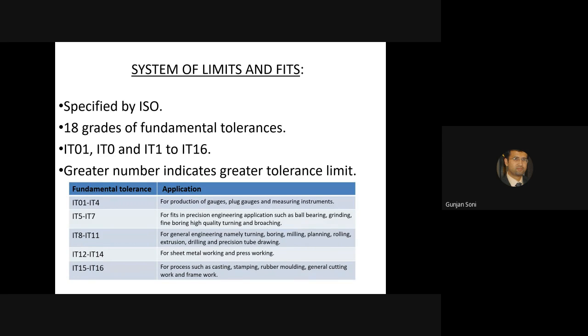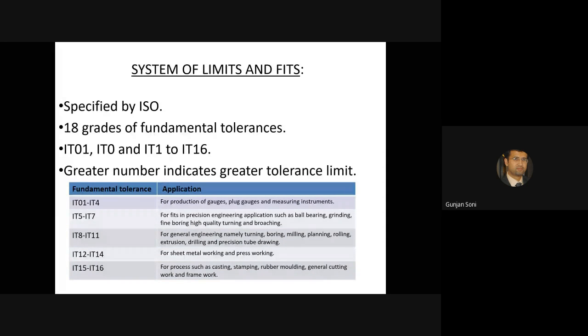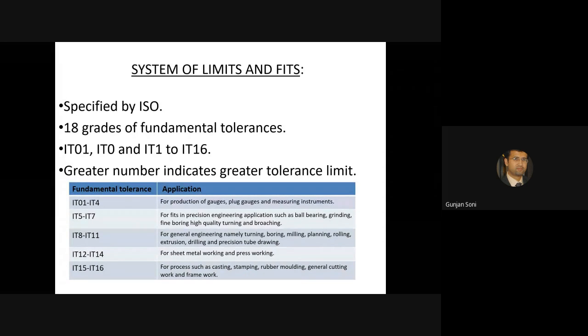Then IT5 to IT7 is used for fits in precision engineering applications, such as ball bearing, grinding, fine boring, high quality turning, and broaching. So they are used in precision machining. If you are doing precision machining, then these are the kind of tolerances you expect from the machines.